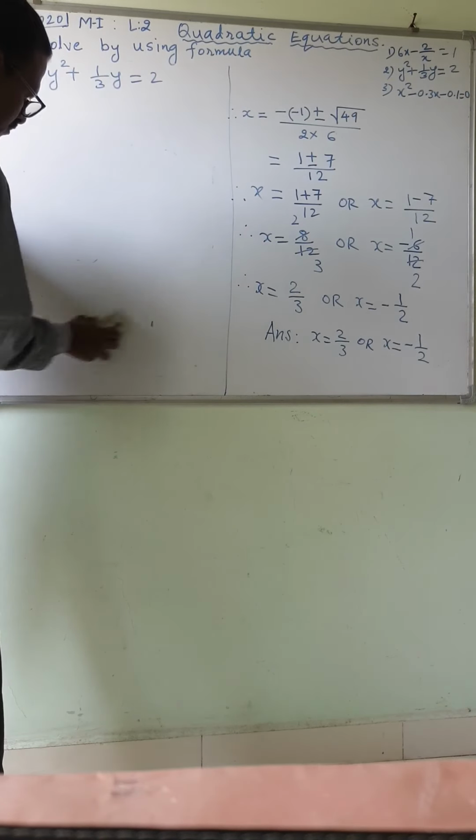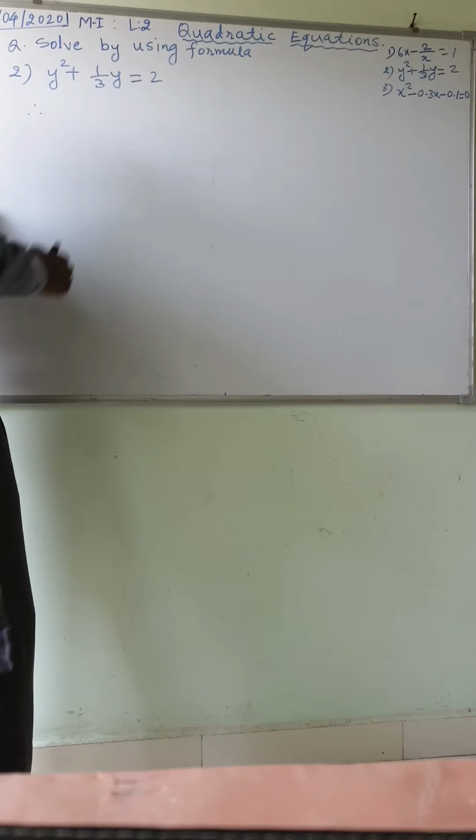In this sum, if you want to eliminate these 3, you can eliminate, or you can keep as it is. But elimination would be better. Therefore, I will try to eliminate these 3. Now I will multiply each term by 3. You have to give the reason also.